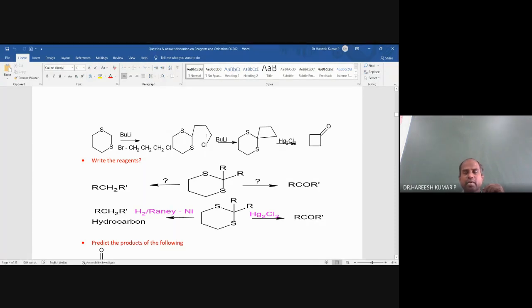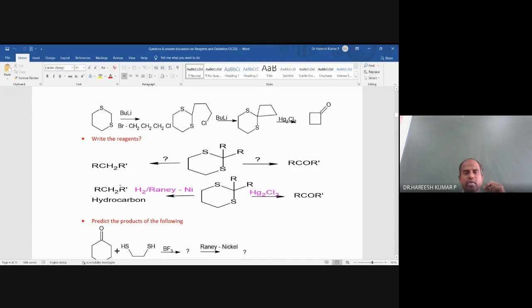That anion reacts with this carbon and Cl goes out. That is how a bicyclic compound is obtained. When this bicyclic compound is treated with mercuric chloride, there will be dithiane cleavage forming a ketone. This is how 1,3-dithiane is converted into cyclobutanone.